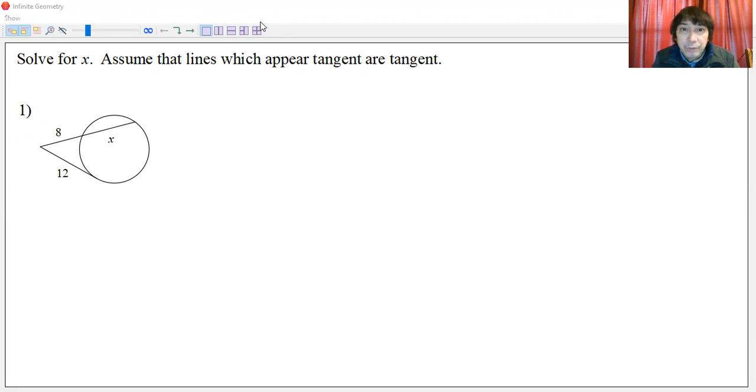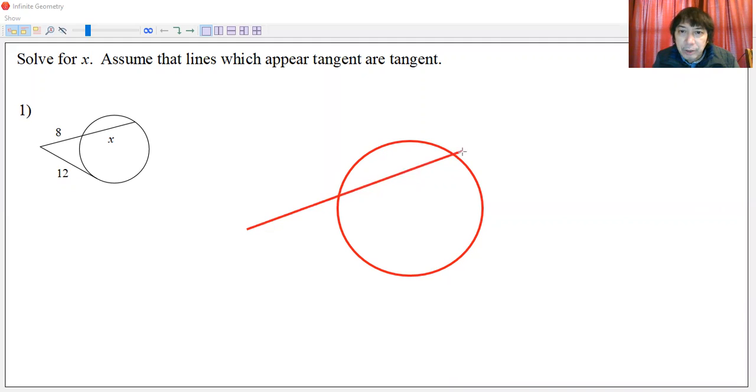Let us draw first the diagram. We will start with a circle. Let me draw a circle and a secant. A secant is this particular line segment intersecting the circle at 2 points this way, whereas a tangent intersects the circle at just 1 point like this.